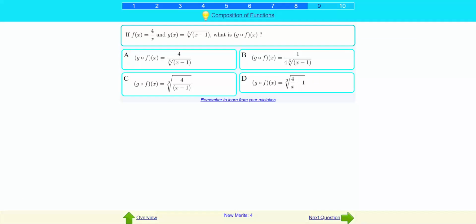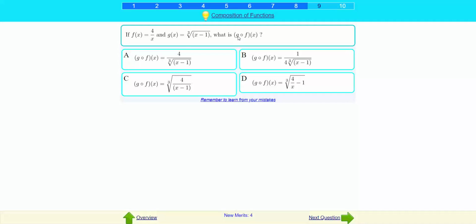And then we stopped at this notation here, which is f, a small hollow circle, g, and then x. If you can see the title, it's composition of functions. So whatever f of x is, you apply it to g of x, and f of x becomes the x for g of x.